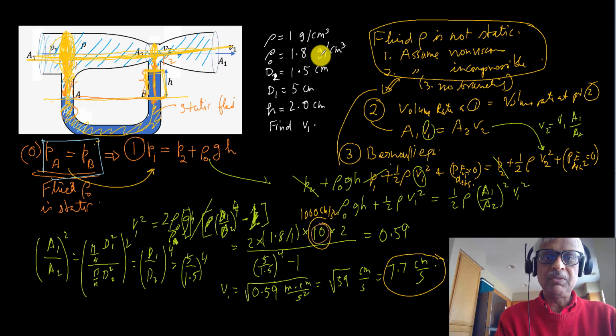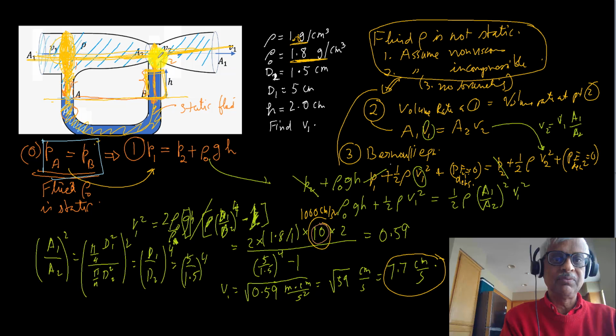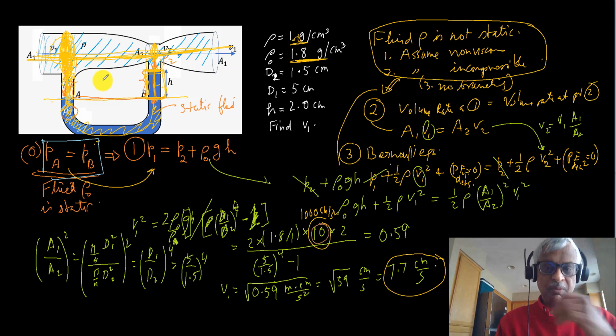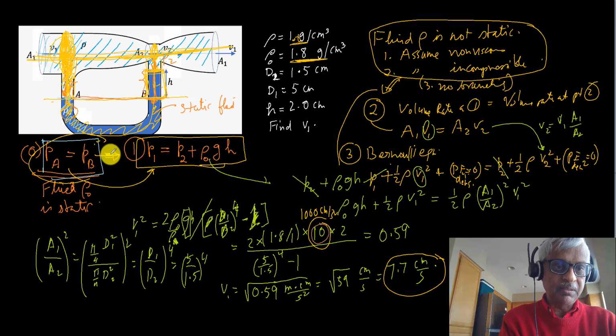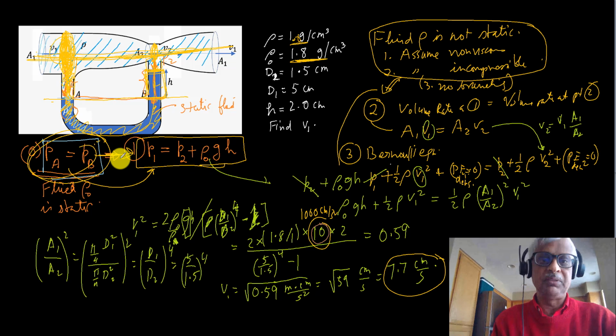And because the densities are sufficiently different, I can maybe ignore these differences over here. That's one approximation I made. Using that, I was able to translate this information into that information.